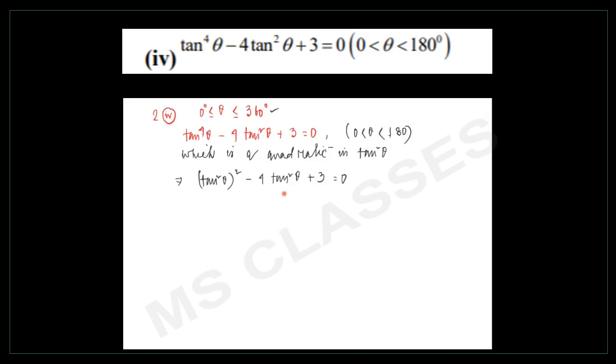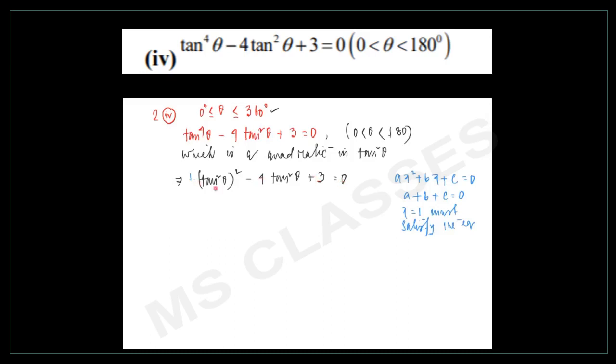How? If we have a quadratic ax square plus bx plus c equal to 0, and a plus b plus c equal to 0, then x equal to 1 must satisfy the equation. So here also, if we add the coefficients, it becomes 0: 1 minus 4 plus 3 is equal to 0.